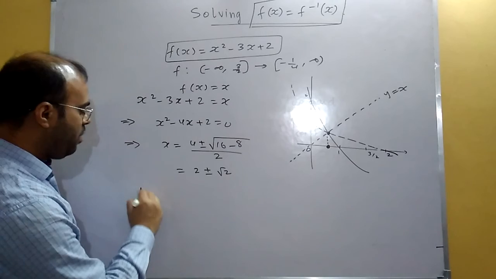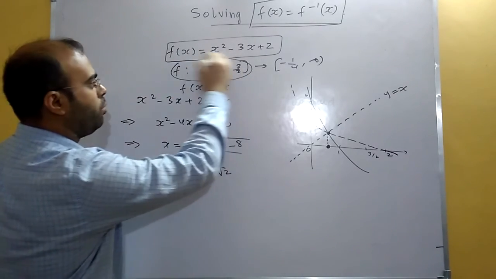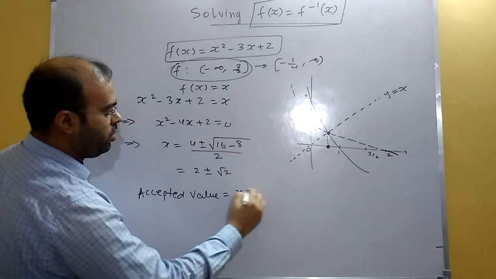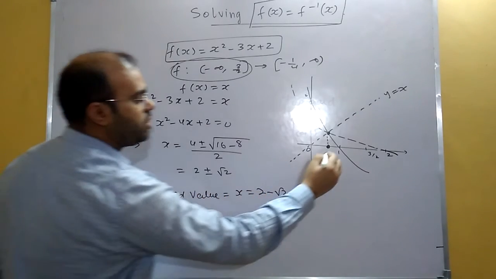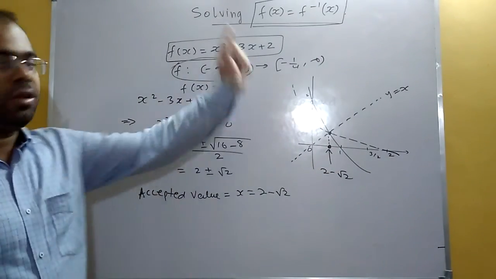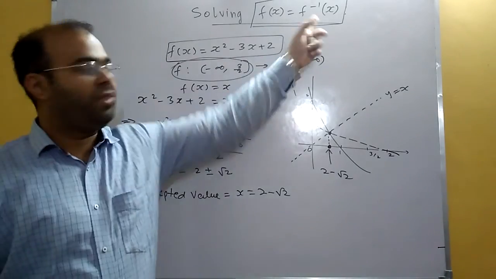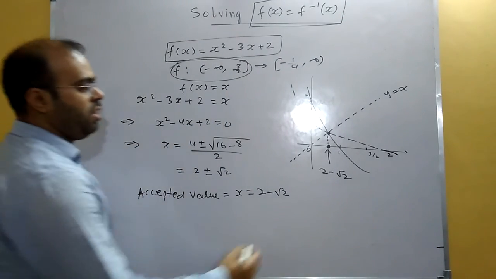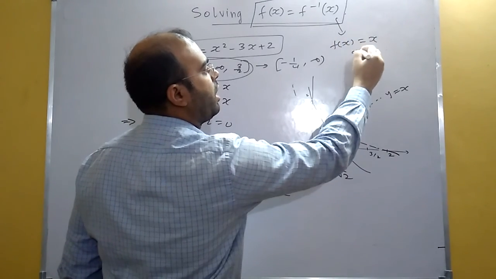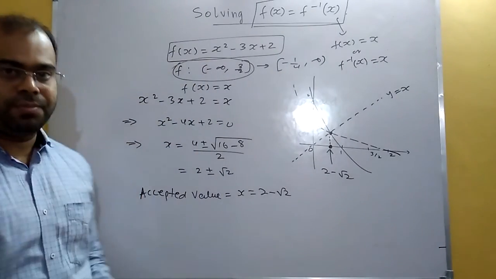So the accepted value in this particular case, when we consider this as the domain, is x equal to 2 minus root 2, which is less than 1. This is the solution of this equation. So if we ever have to solve f(x) = f inverse(x), we can either solve f(x) = x or f inverse(x) = x, whichever you find easy. Thank you.